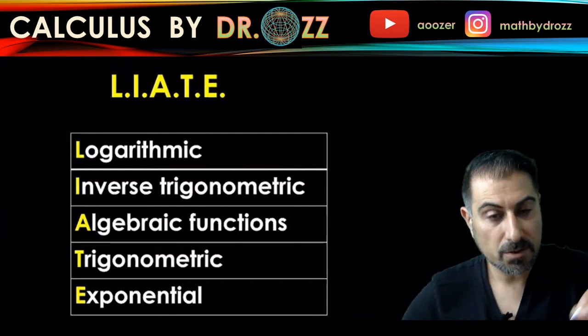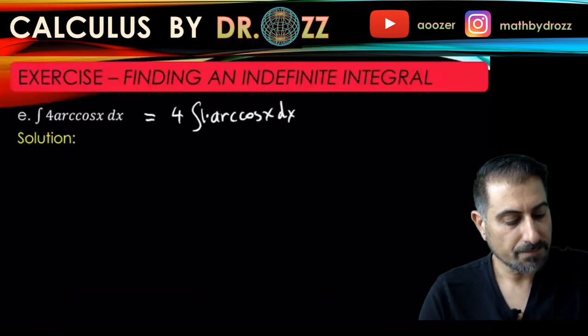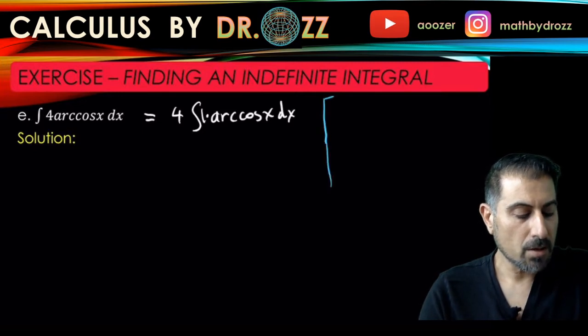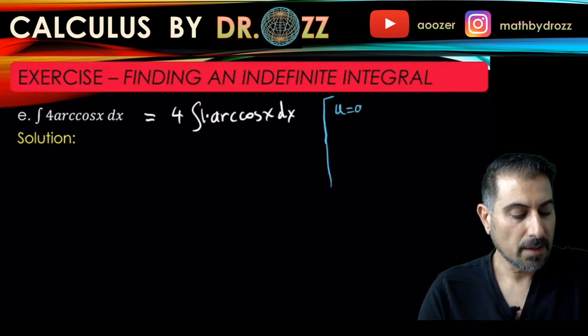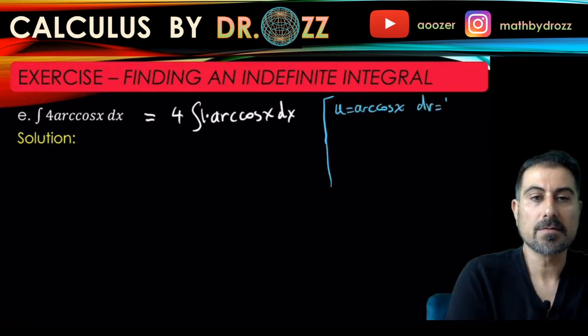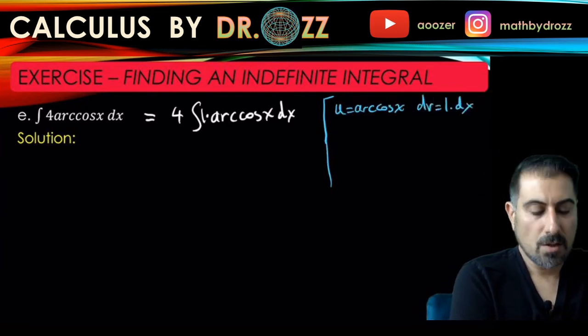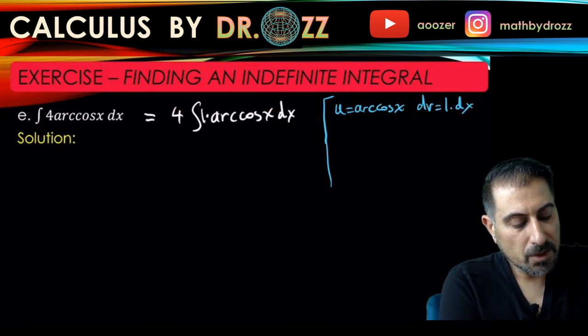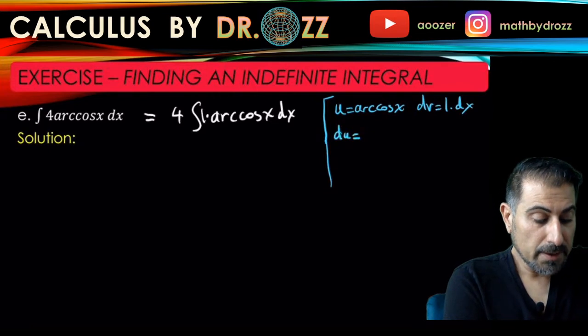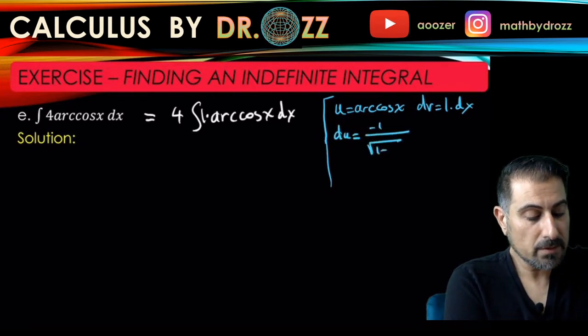Okay, so let's just do it right here. I'm going to call u to be arc cosine x, and then dv to be 1 times dx, essentially. We take the derivative of arc cosine; you can check the derivative formula card to get minus 1 over radical 1 minus x squared dx.